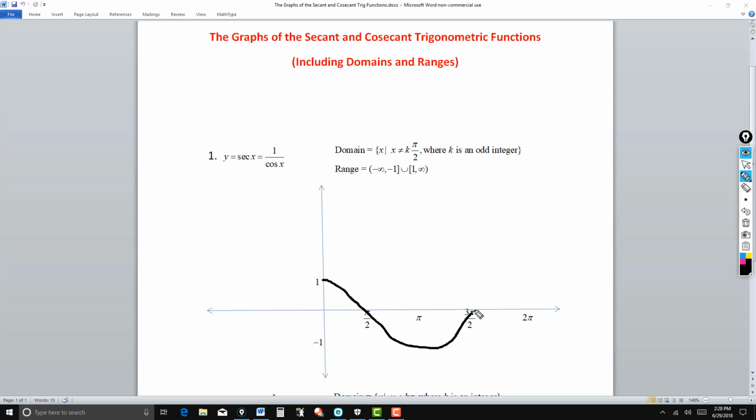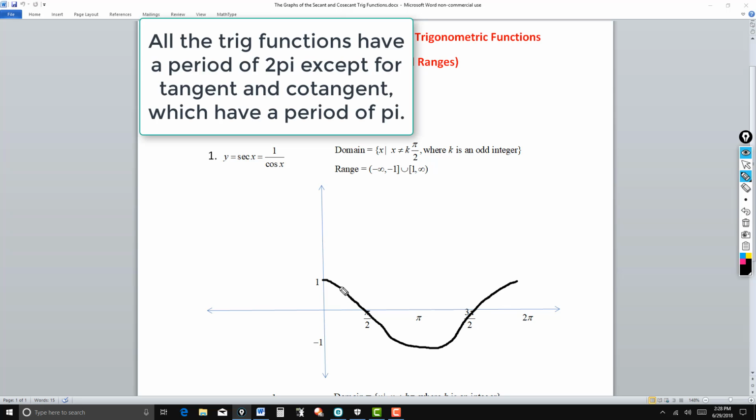A little hard to do with this little 2 here, but anyway, something like this. Okay, and then it repeats over here on this side, and then it continues on to infinity. But from 0 to 2 pi in radians, or 0 degrees to 360, is the typical period of the cosine function, and then it repeats.